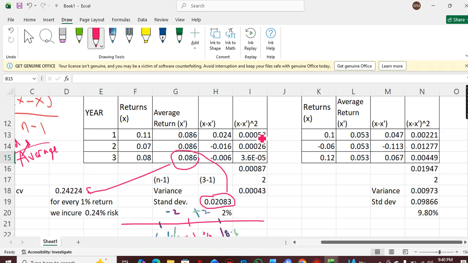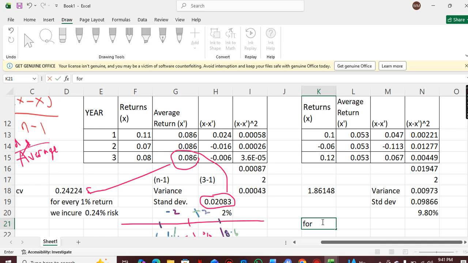Coefficient of variation, as we said, is the standard deviation, 0.09866, divided by the average, 0.053, which gives 1.86.